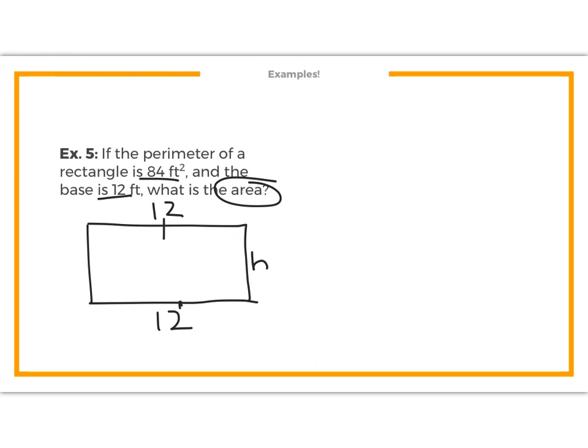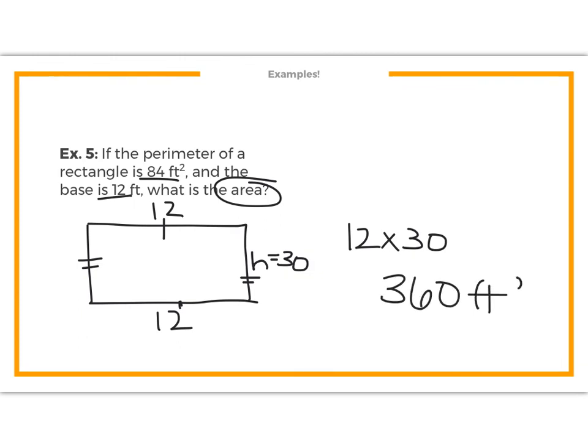Which means if I subtract the two sides I know, I'm left with just what these two pieces have to add to be, which is 60, which means each half has to be 30. To find the area of a rectangle, I'm doing base times height. So 12 times 30, you should get 360. And we're in feet squared.